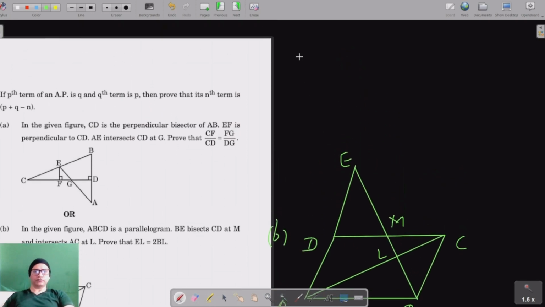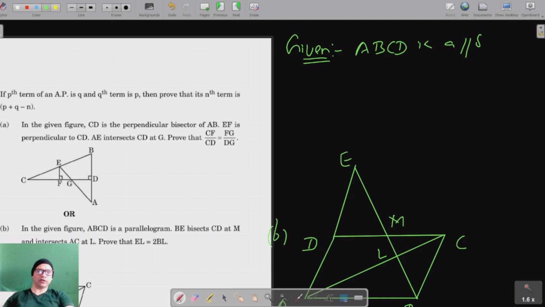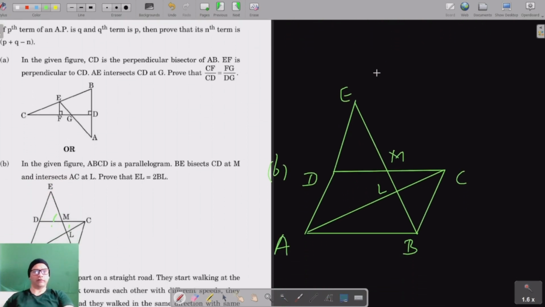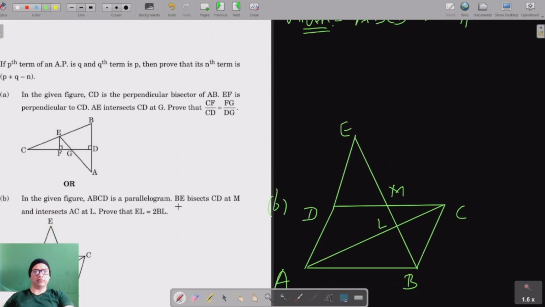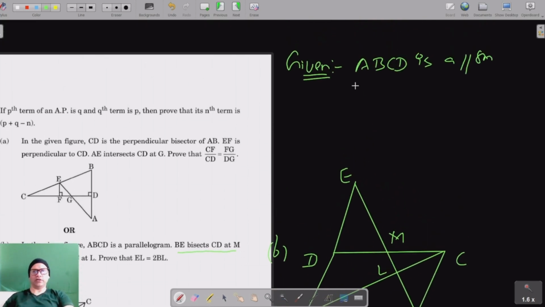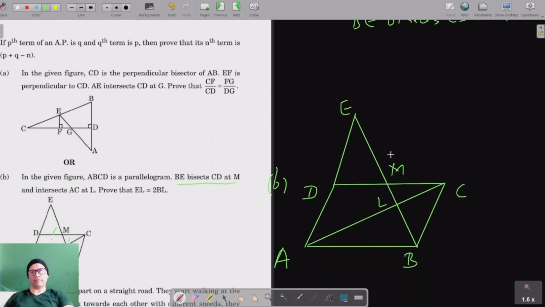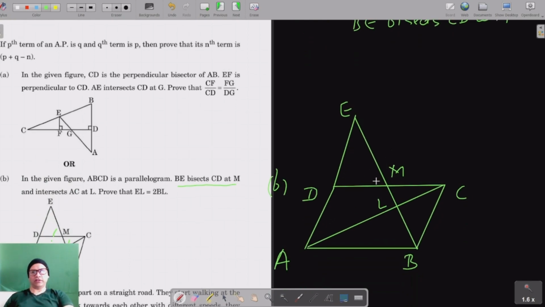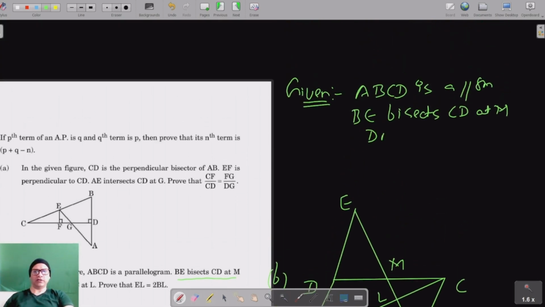Okay, now what is given to us is that ABCD is a parallelogram and BE bisects CD at M. So BE bisects CD at M. So that means DM is equal to MC.